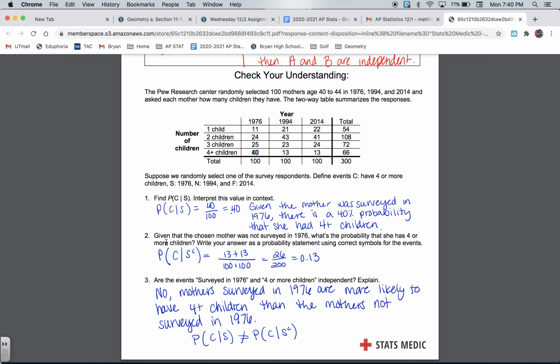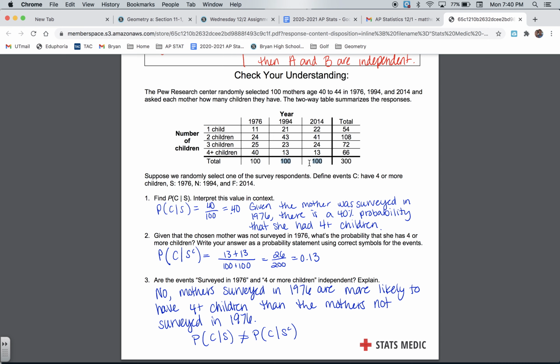All right, let's do the other one. Given that they chose a mother not in 1976, so like 1994 or 2014, what's the probability that those mothers wanted four or more children? Out of these people, how many wanted four or more children?